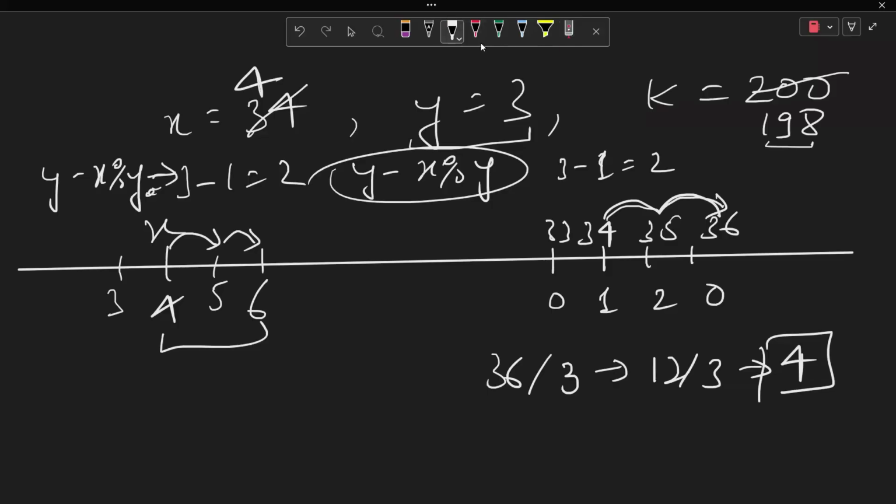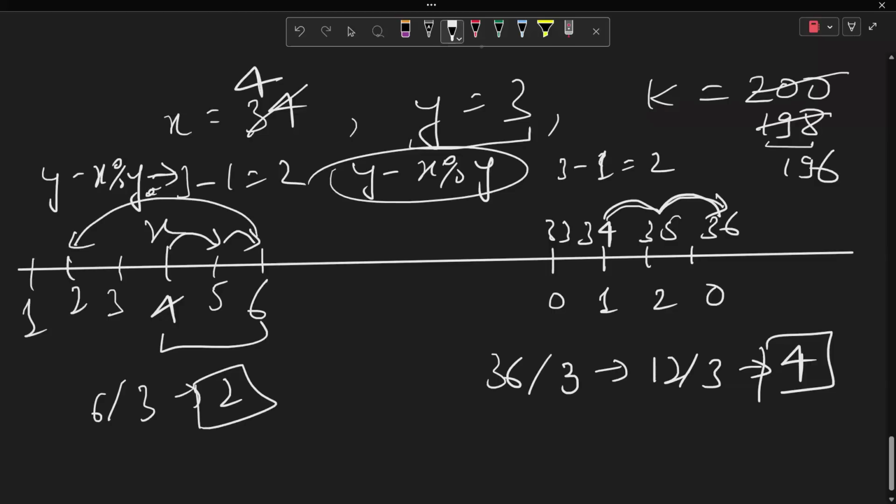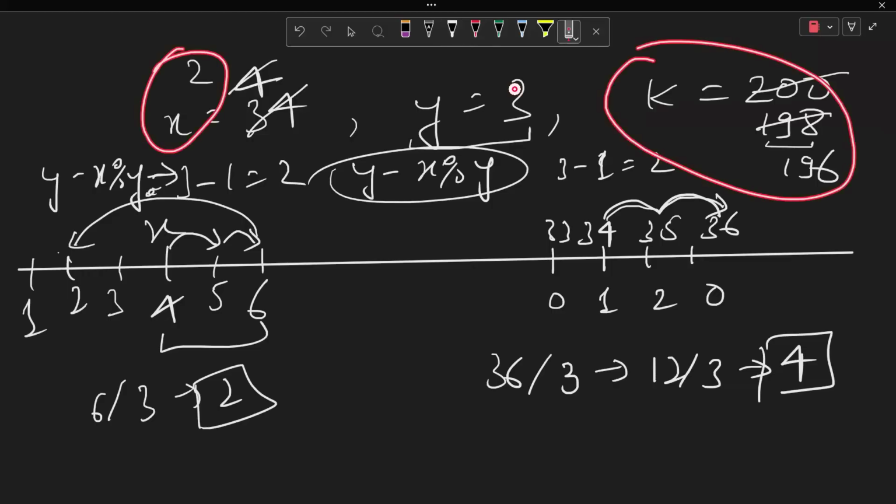First we would reduce 2 steps from k, so it would become 196. Now after 6, 6 divided by 3 is 2, and 2 is not divisible by 3, so we reach 2. So x has become 2 and we still have 196 more steps.